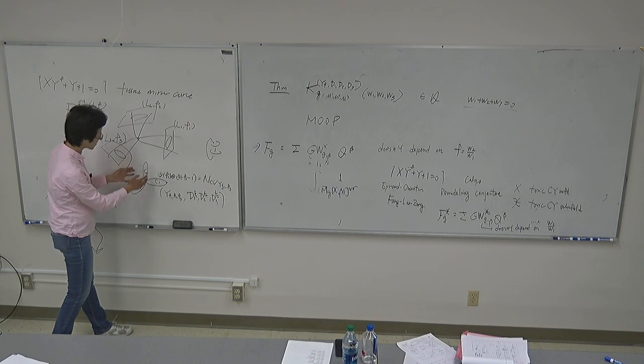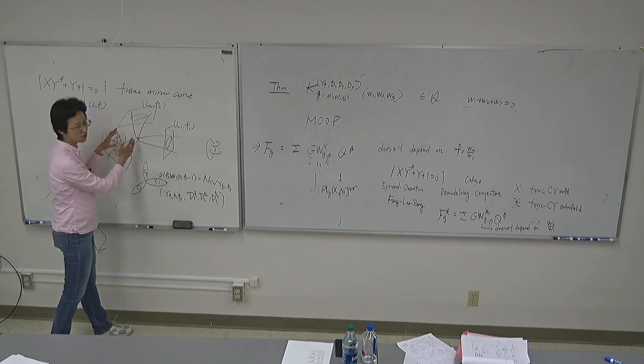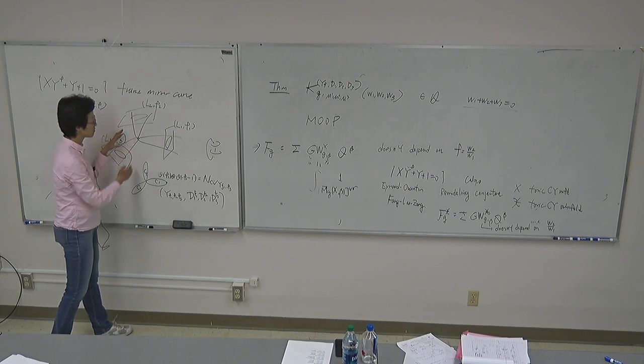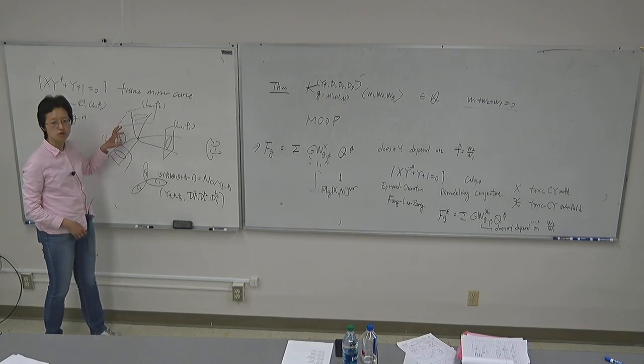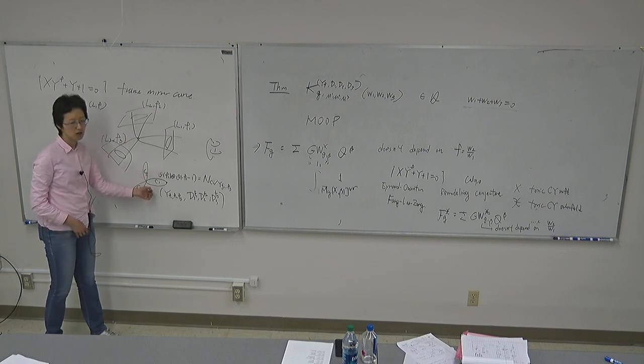One part of the fixed locus corresponds to the part where your target is just this, no bubble, and that is up to a sign essentially equal to doing localization on this moduli space of open Gromov-Witten invariants. So this is canonically oriented, so we use the orientation coming from here.